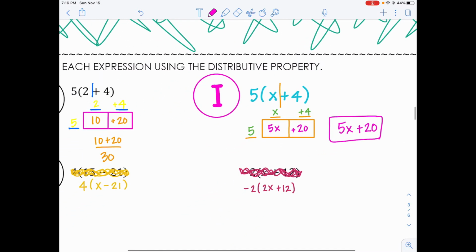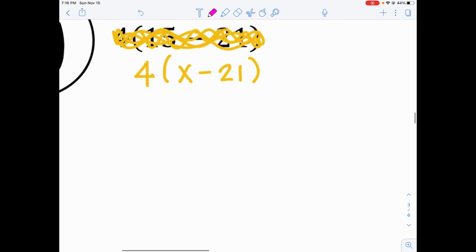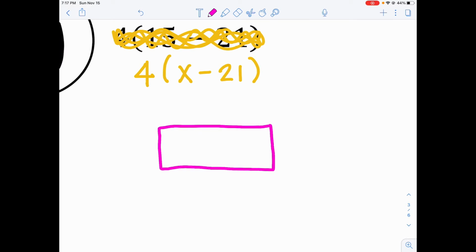Let's do a couple more examples. Here we go. I have 4 times, and then in parentheses I have x minus 21. 2 terms in the parentheses, so 2 boxes. There's my 2 boxes. I need a number in front, a number above, and a number above.